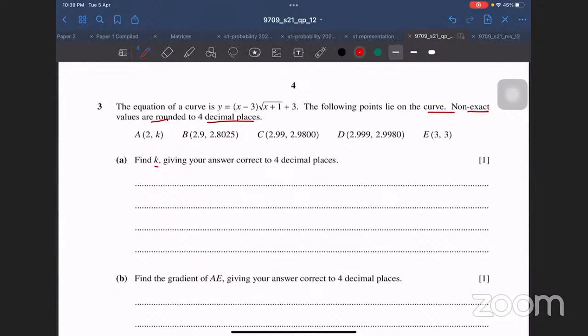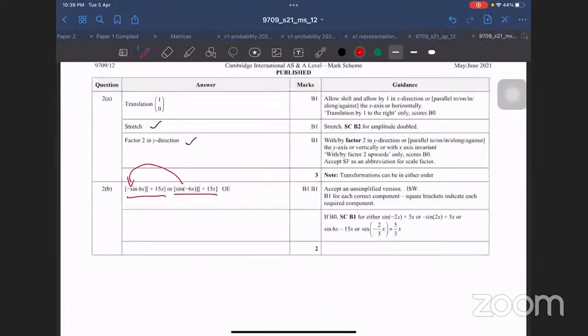So I'm going to write k 2 minus 3 2 plus 1, where we have inserted the value of x to find the value of y. I have to find this correct to 4 decimal places. So I get 1.2679. I hope that's the correct answer.